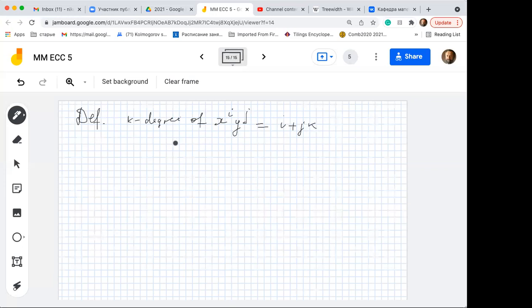And the reason for this definition is the following. If we consider some polynomial R, and then substitute P of X for Y, then the normal degree of the resulting polynomial R of X, P of X is at most the k-degree of the initial polynomial.